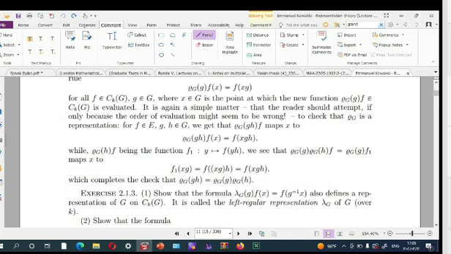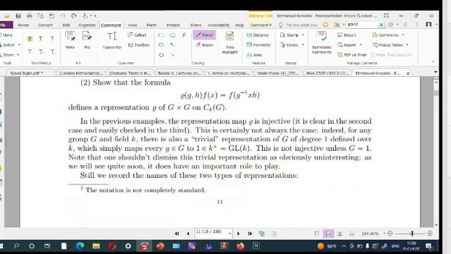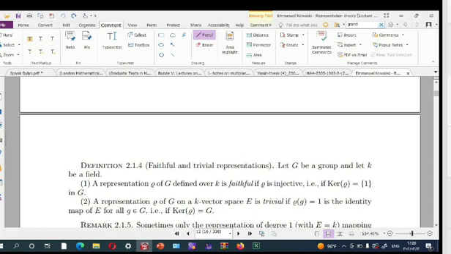And in the following we see some examples.